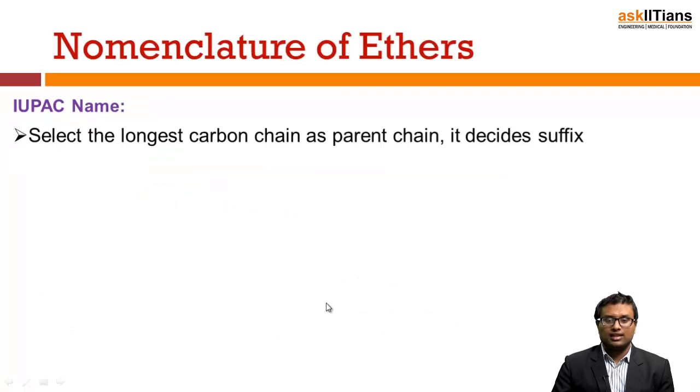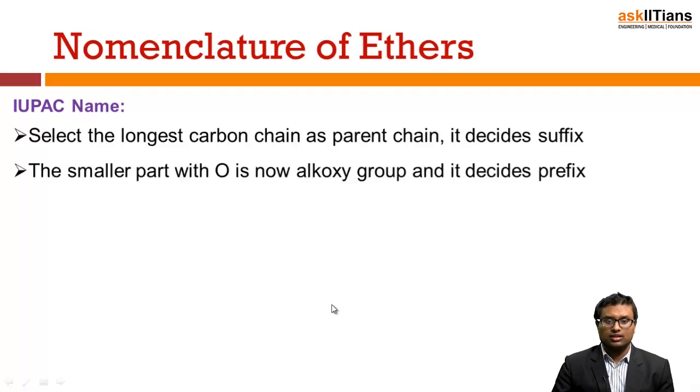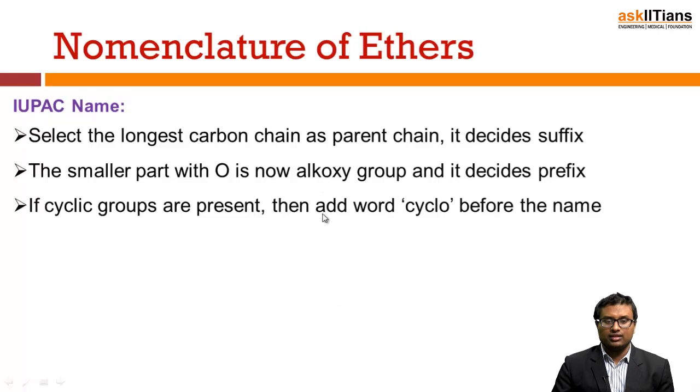So you have to select the longest carbon chain as a parent chain. It decides suffix, the same concept which we have discussed for alcohols. The smaller part with O is now alkoxy group and decides the prefix. If cyclic groups are present, then add the word cyclo before the name.